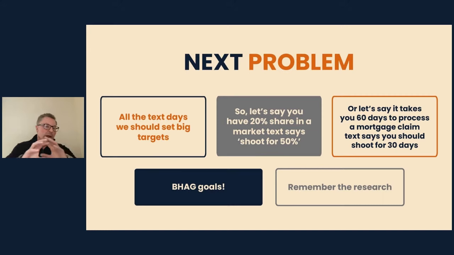Well, if you know that that mortgage process is full of waste, and you know that the value work, actually to do the value work, only takes 3 to 4 hours, what we find is that if 60 days was your upper limit, that's your 99% confidence level, well, by changing the methodology and by running experiments, we're finding that we can get that down to a few days, much, much more than the target would ever say you could have achieved.